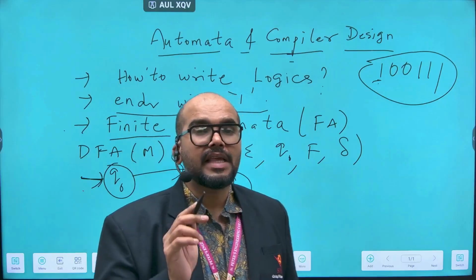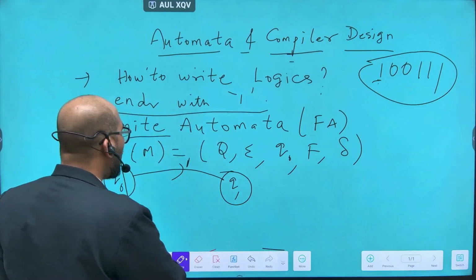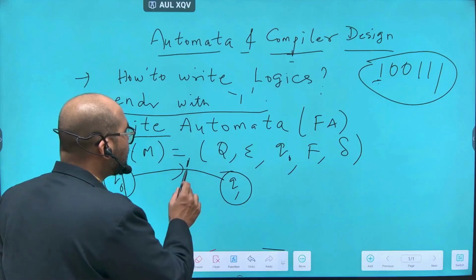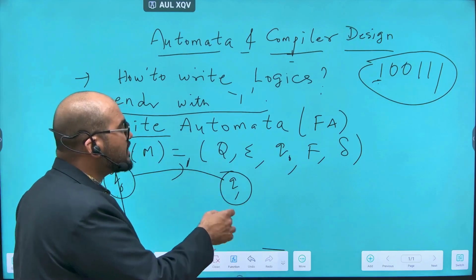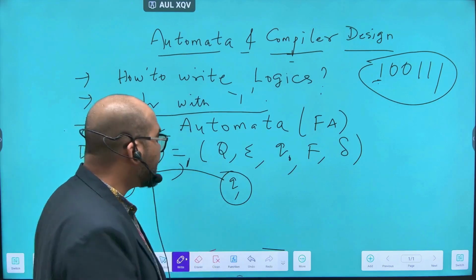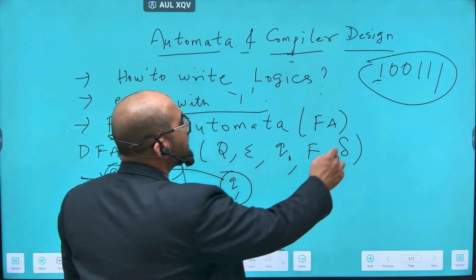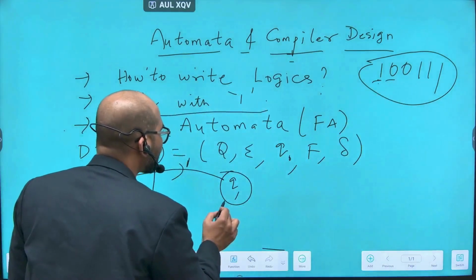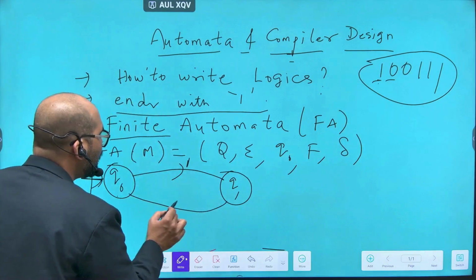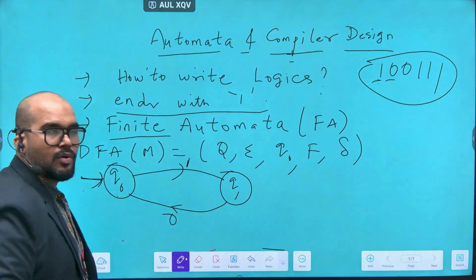Like that, the same machine q0, with input symbol 1, will go to the next level, which is termed the next state q1. After that, with the next input symbol 0, it again moves to q0.